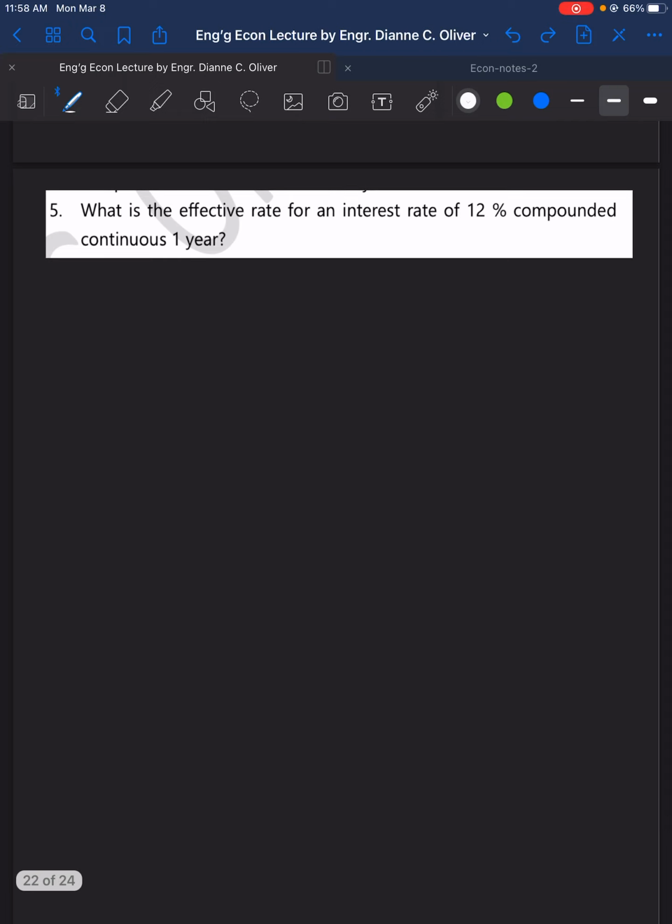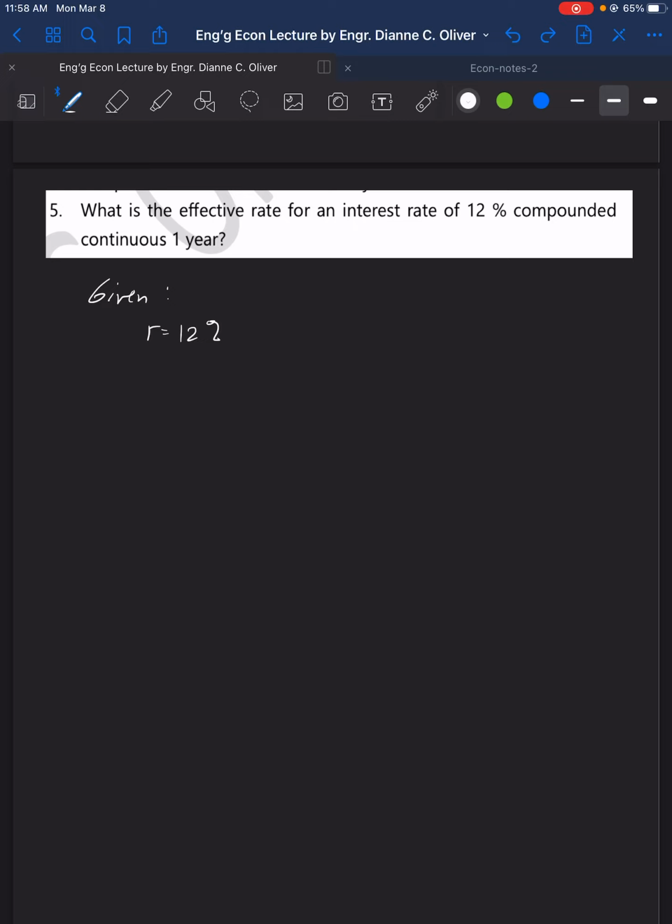Next, number 5. What is the effective rate for an interest rate of 12% compounded continuously for 1 year? So let's have the given. The given here is the R of 12%, N is continuous.